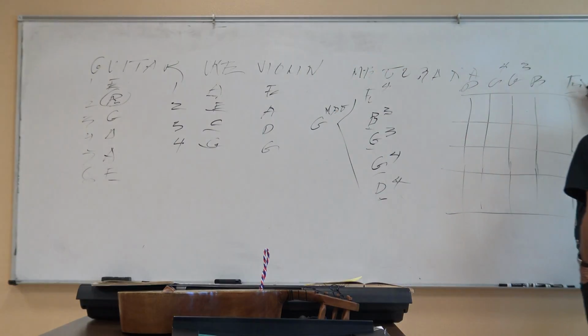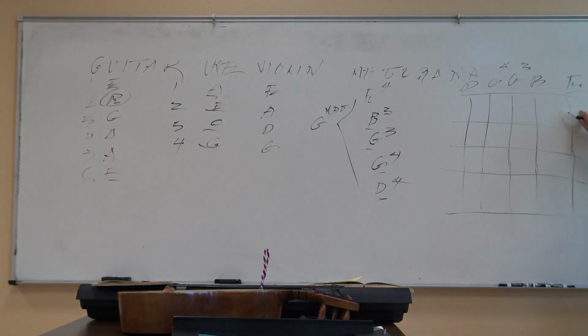So if you go up from E, a half tone, you've got what? If I put my finger here, this string now becomes an F. If I put my finger here, this string now becomes an F sharp.